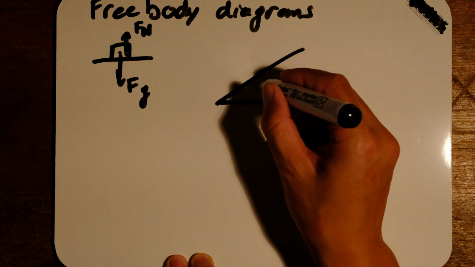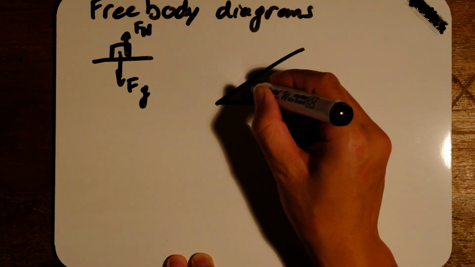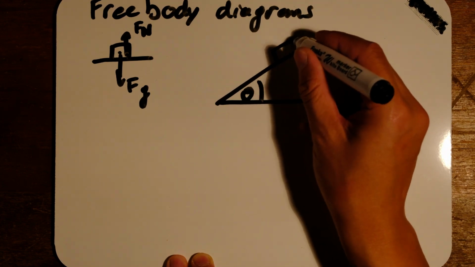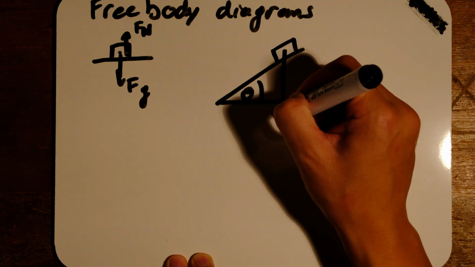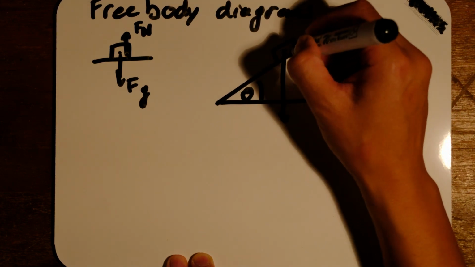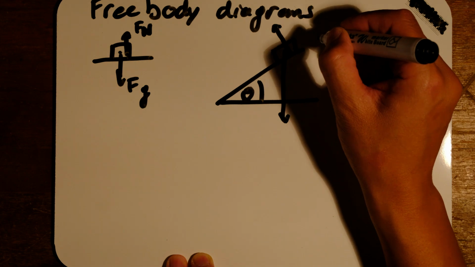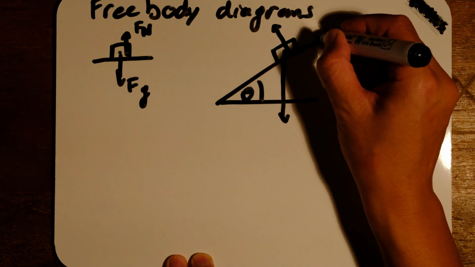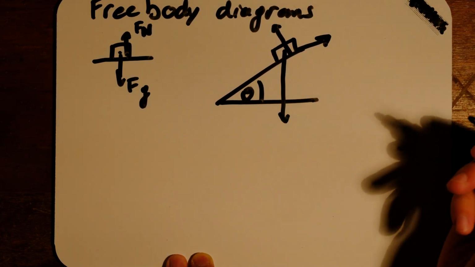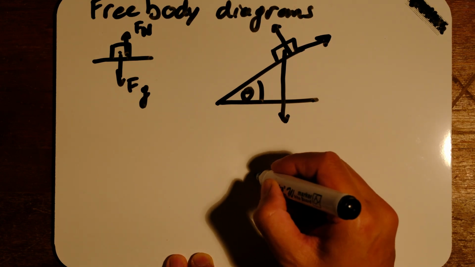Well, if we have it on a slope, remember, even though we've got theta, our force of gravity acts down. Normal force still acts up, and friction will act along the plane.